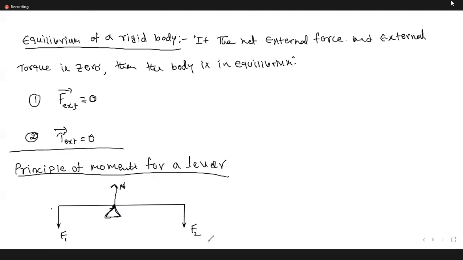If F1 is greater than F2, then it goes down on the left side, and if the right side is more, then it will go down on the right side. Let us consider this distance is D1 and this distance is D2. Actually this principle is used in daily applications also.